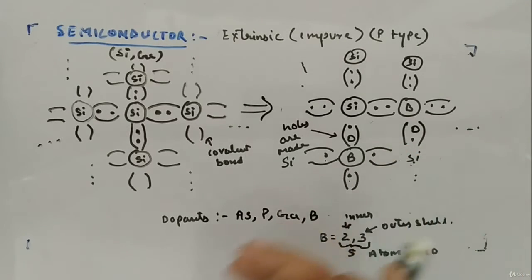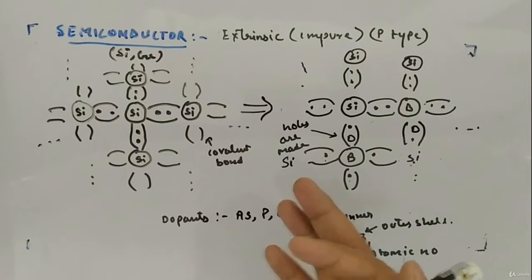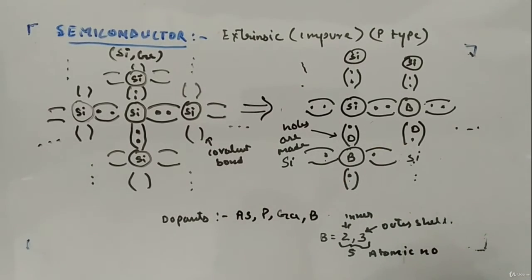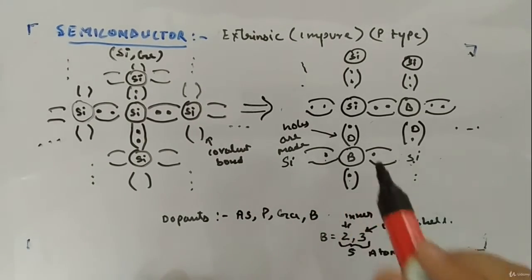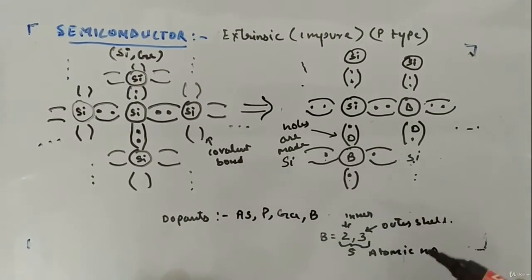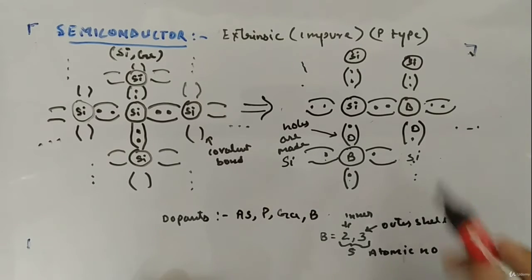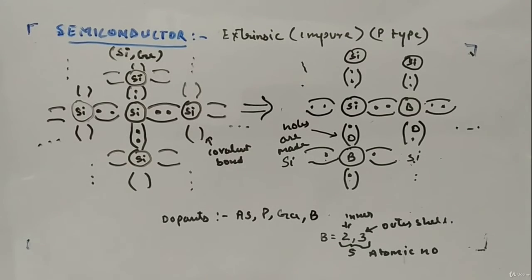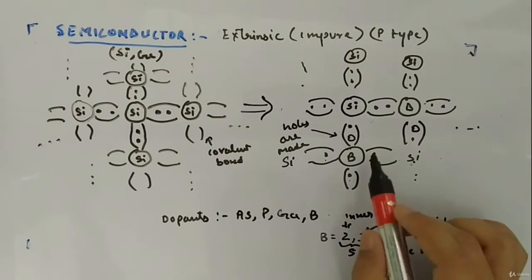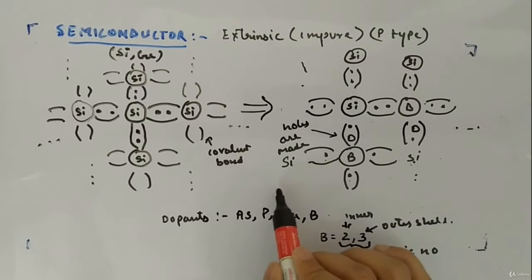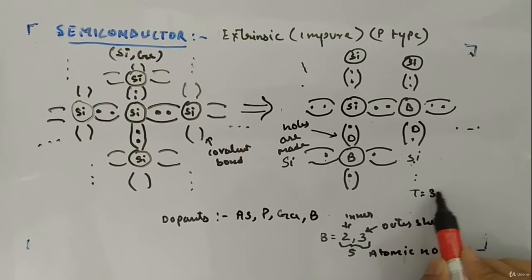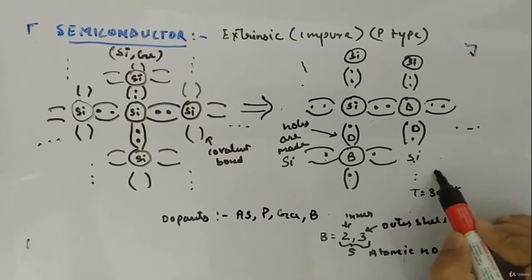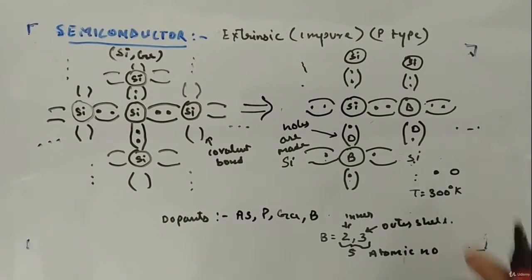We are not applying any temperature here, just as in intrinsic we were applying temperature to create holes and electrons, but here we are just adding impurity and we are able to get one hole. Plus, if we apply temperature, let's say T is equal to 300 degree Kelvin, it will generate equal numbers of holes and electrons, just like intrinsic semiconductor.